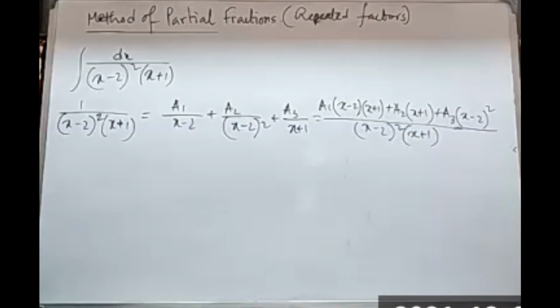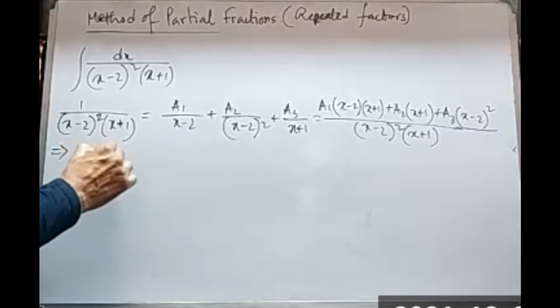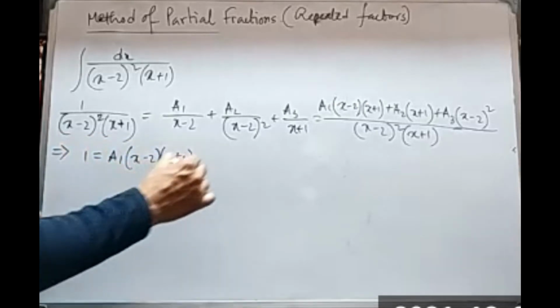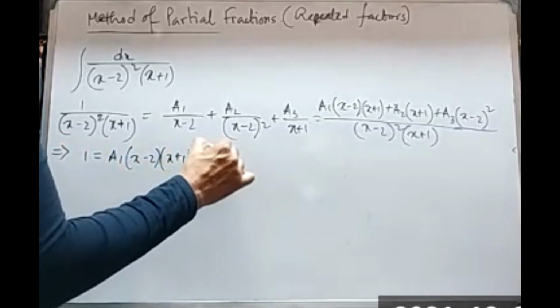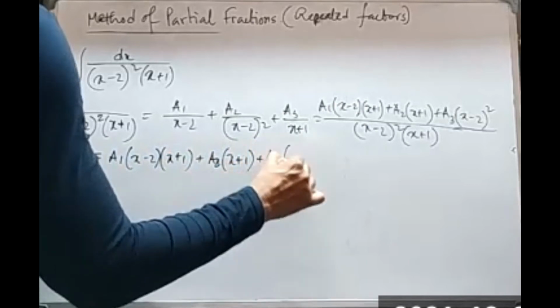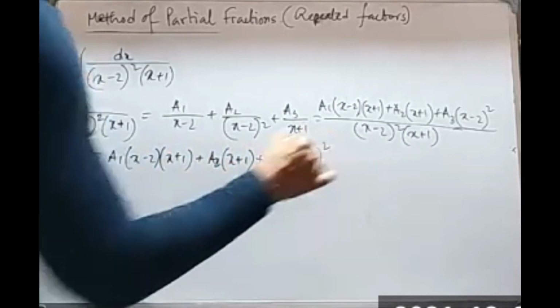So the denominators are cancelled out. So we can write 1 is equal to A1 into x minus 2 into x plus 1 plus A2 into x plus 1 plus A3 into x minus 2 whole square.